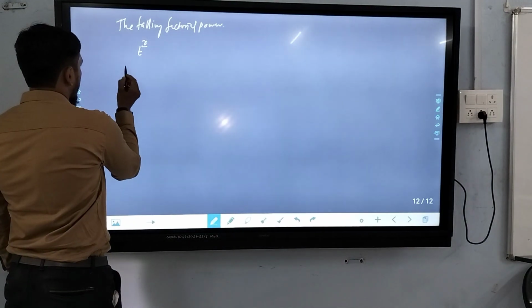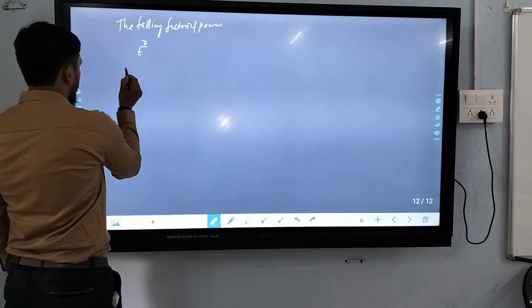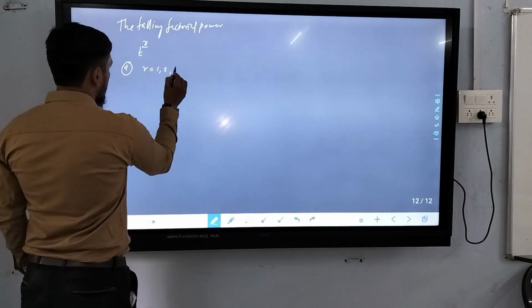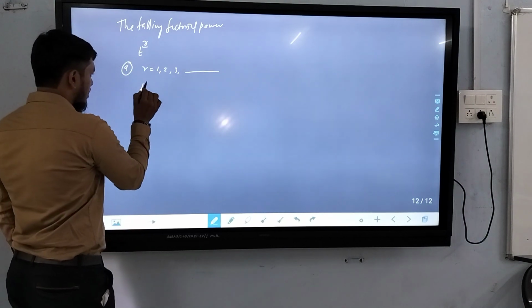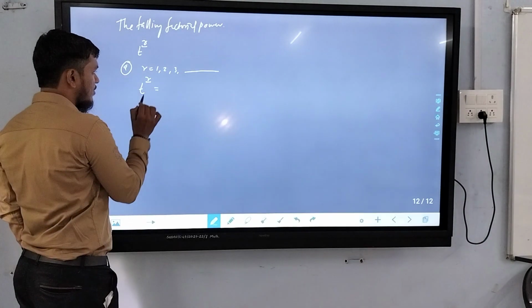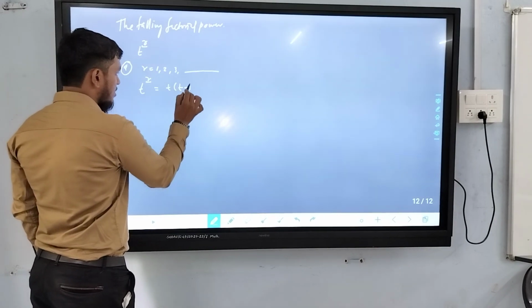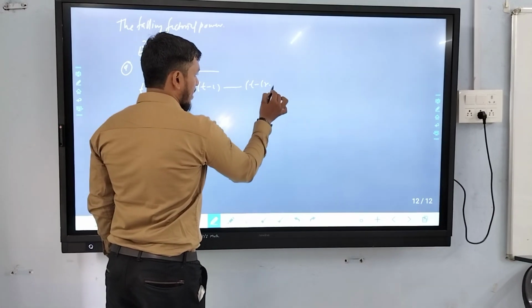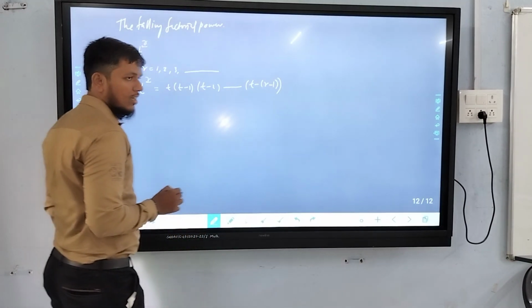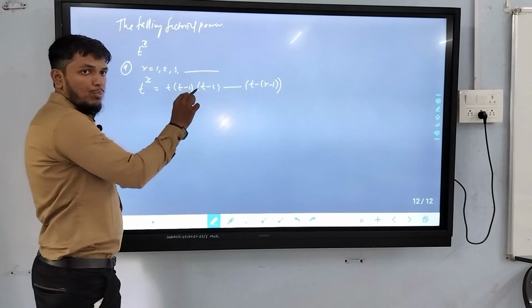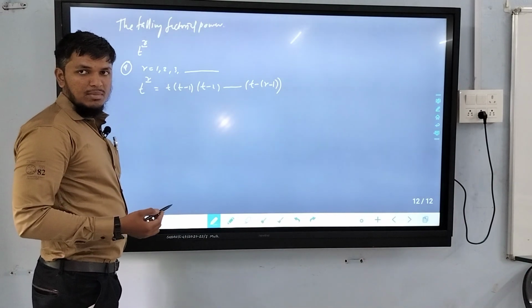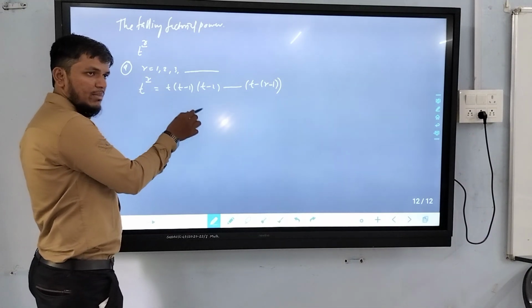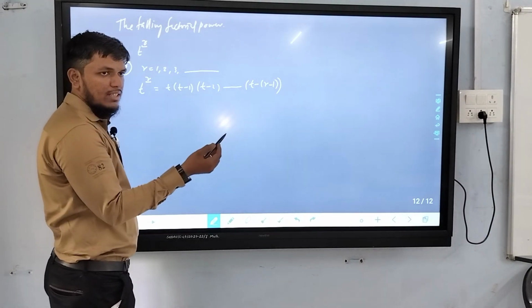Here if you take r equal to 1, 2, 3 and so on, then t to the r falling is equal to t minus 1, t minus 2 and so on, t minus r minus 1. If these are positive integers or natural numbers, then the definition of t to the r falling is t minus 1, t minus 2 and so on, t minus r minus 1.